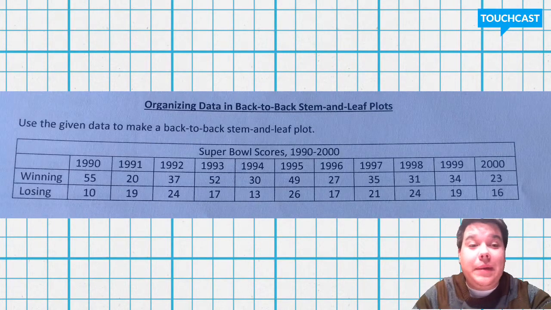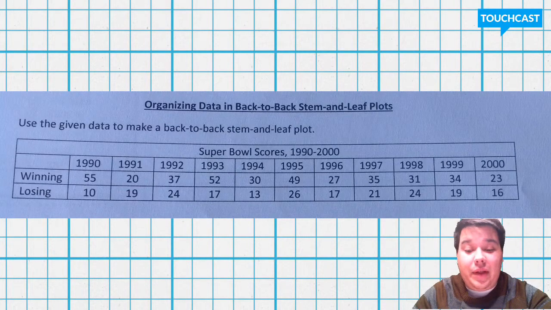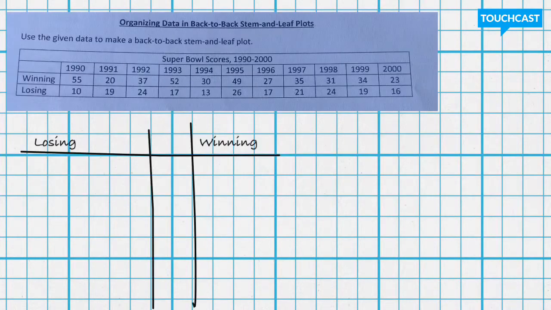So we're going to start by making a stem and leaf plot where on the left we have the losing scores, in the middle is our stem, and on the right are our winning scores. So here's the framework for our back-to-back stem and leaf plot. We want to find the smallest score possible in our set of data, which looks to be a losing score of 10.